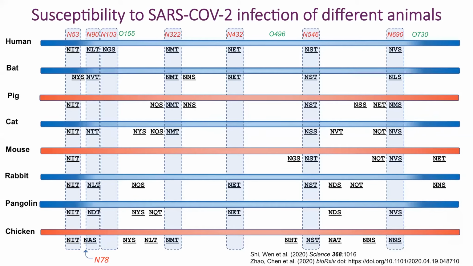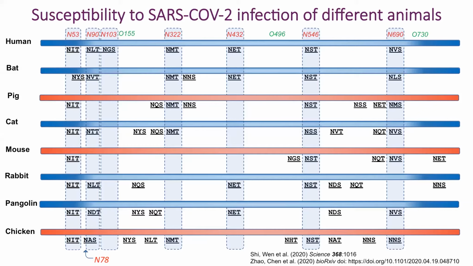So there's one thing, looking at the virus and the way it binds to the receptor, but it's important to find out about the susceptibility to SARS-CoV-2 infection in different individuals. And we also decided to see whether we can find any clues about susceptibility of infection in different animals.